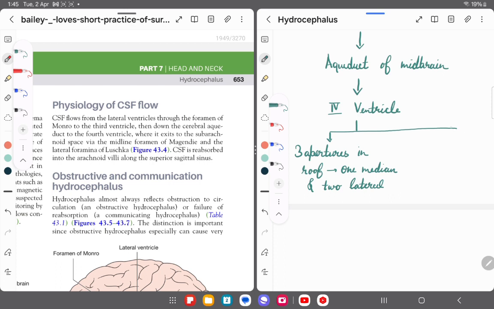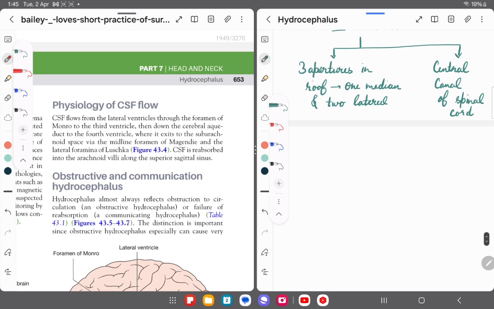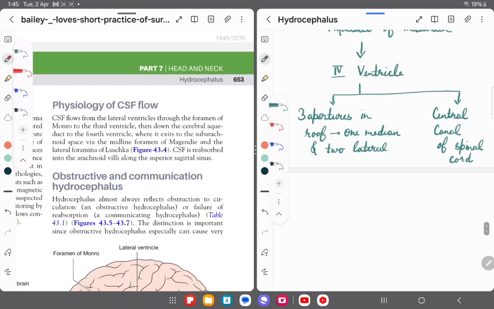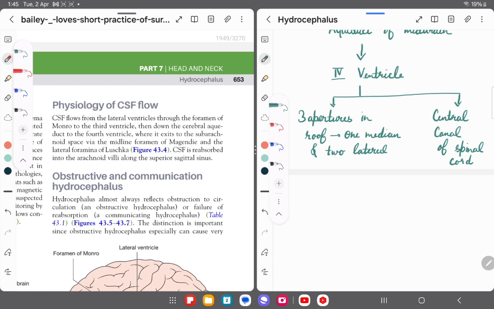And another exit is the central canal of spinal cord. So three apertures in the roof, one median and two lateral, in the fourth ventricle, or the central canal of spinal cord.